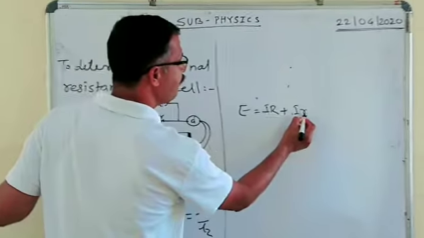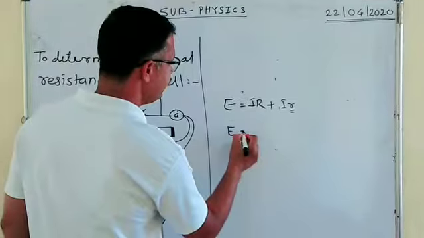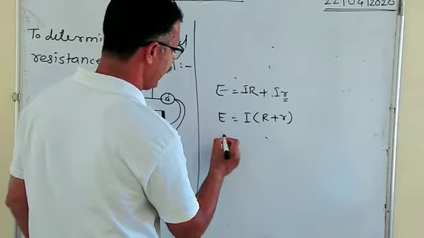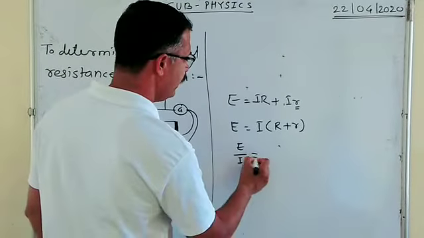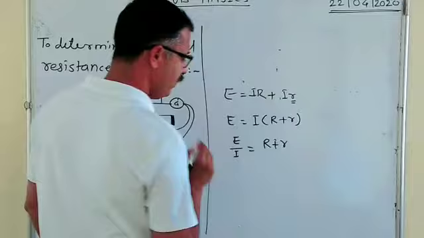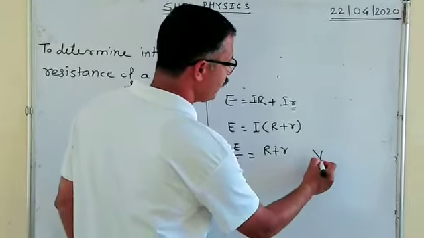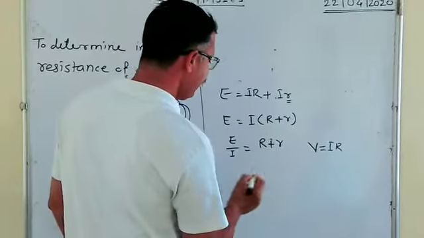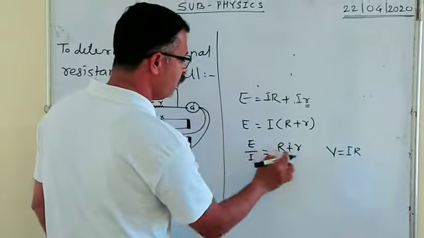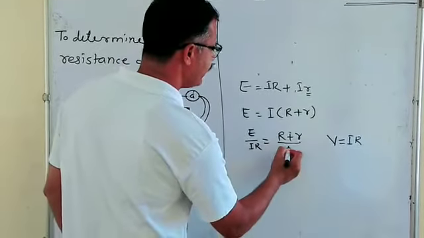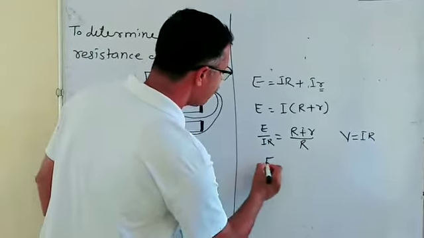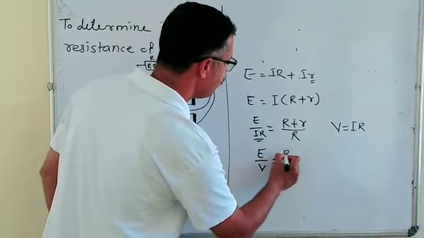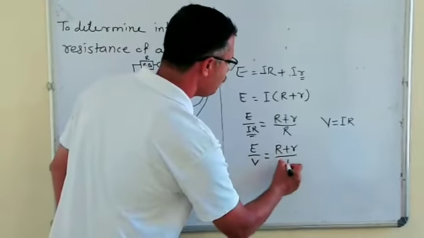We will write the equation as E is equal to I into R plus r. From this we can write E upon I is equal to R plus r. But from Ohm's law, we know that V is equal to IR. It means that if we divide both sides by R, we can write E upon V. IR means V. E upon V is equal to R plus r upon R.